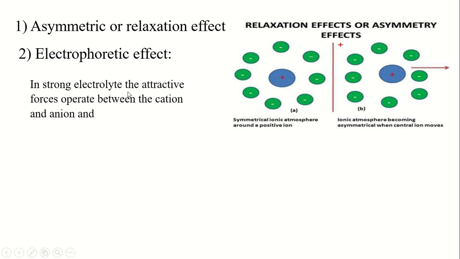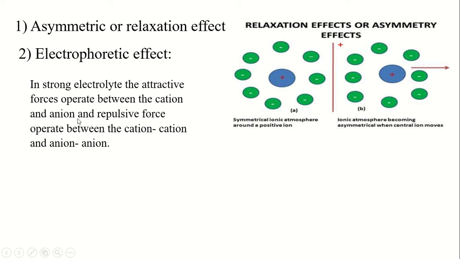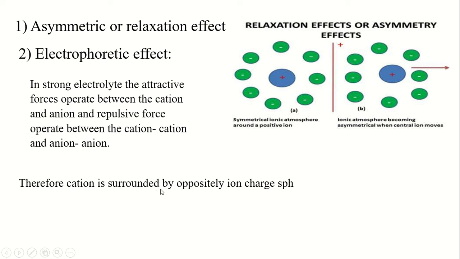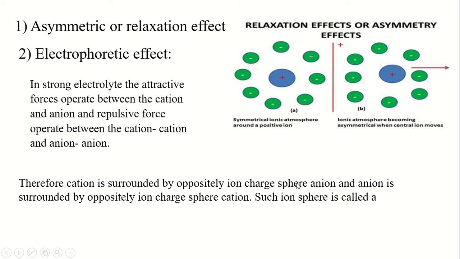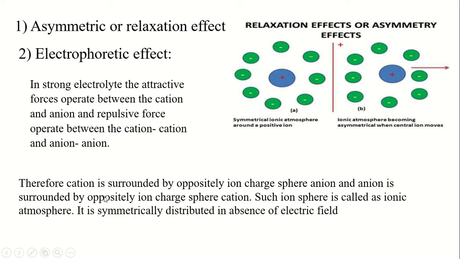In strong electrolyte, the attractive force operates between the cation and anion, and repulsive force operates between cation and cation, and anion and anion. Therefore, a cation is surrounded by oppositely charged ions, that is anions, to give a sphere, and an anion is surrounded by oppositely charged ions, that is a sphere of cations.